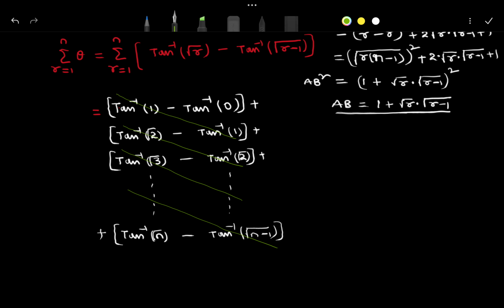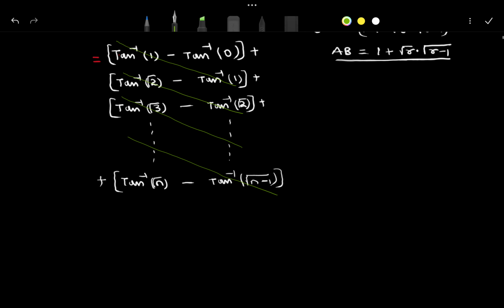So what is that resultant value in this one? Your answer will be the sum from r equals 1 to n. This sin inverse value is theta, equals tan inverse of root n minus tan inverse of 0.